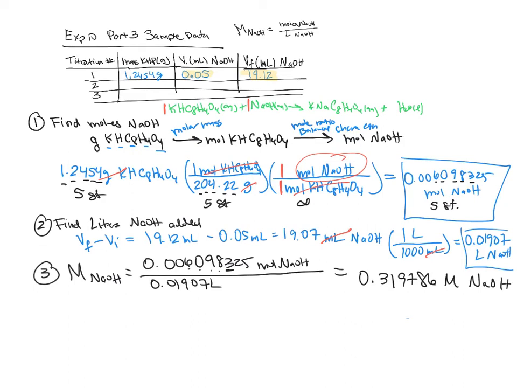I have 5 sig figs from my moles, 4 sig figs from my liters. So I need to have 4 sig figs for my molarity.